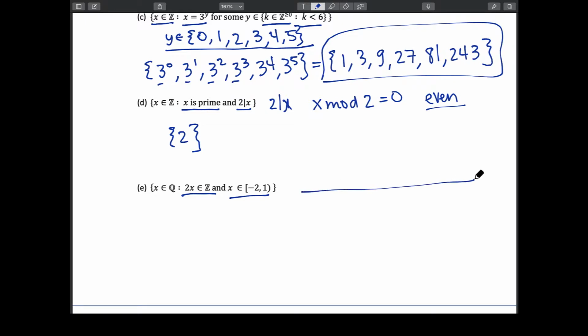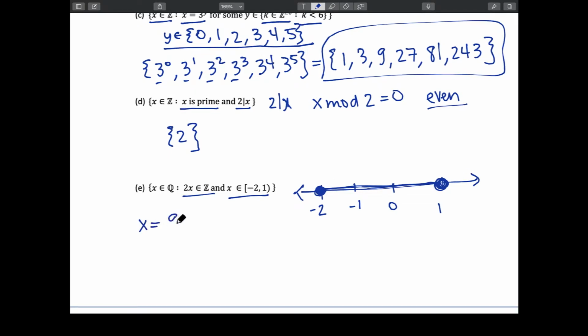So what that means is on our number line, we've got -2 here, -1, 0, and 1. 1 is not included. -2 is. It has to exist within this space. So somewhere between not including +1, but including -2. Okay, so somewhere in there.